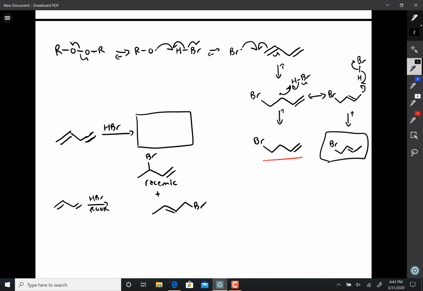I'd expect you to write both of those because both of those are possibilities. And you would have to actually run the experiment to figure out which one was actually the major one.